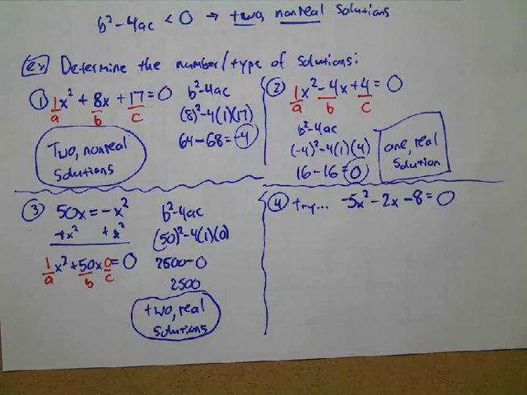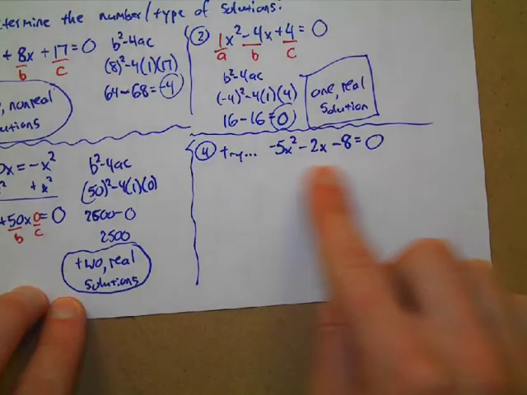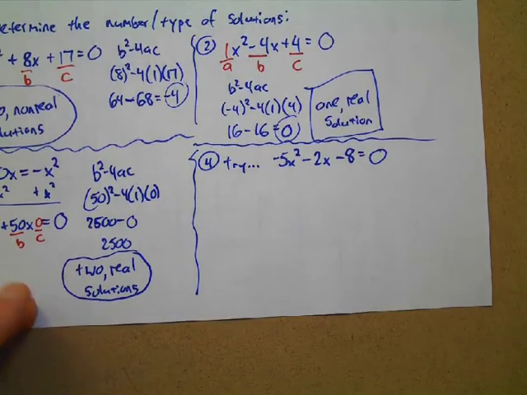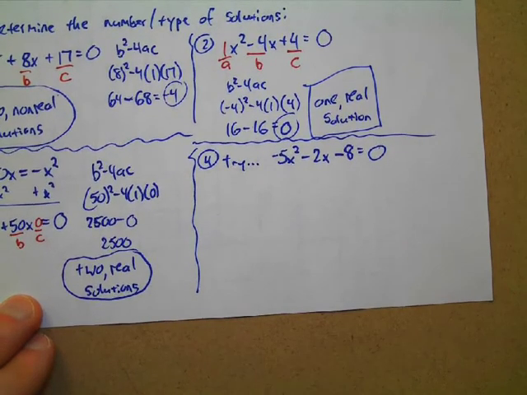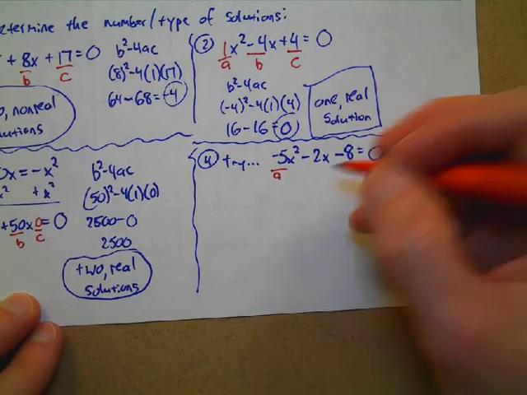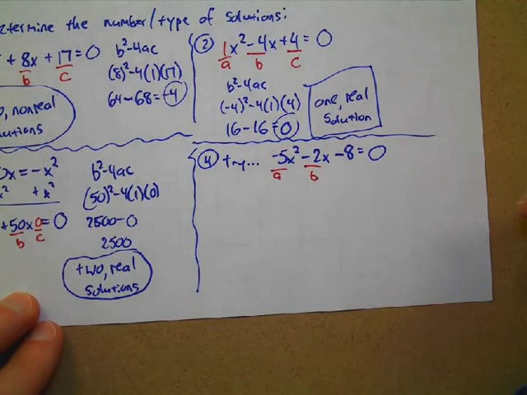John, first of all, is this in standard form? Yeah. Yes, it is. Okay. So John, what's our A? What's our B? What's our C? A is -5. Yes. B is -2. Okay. And C is -8.